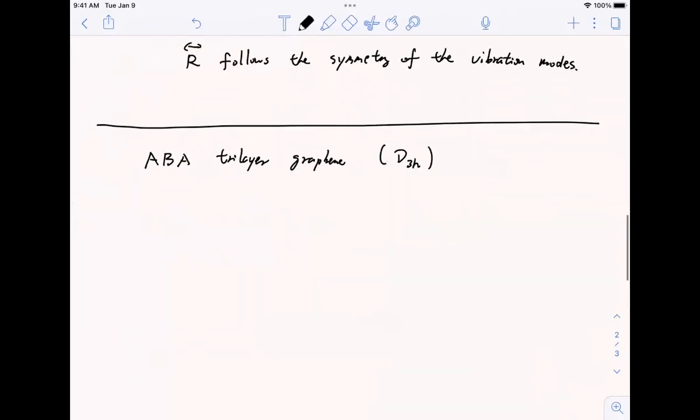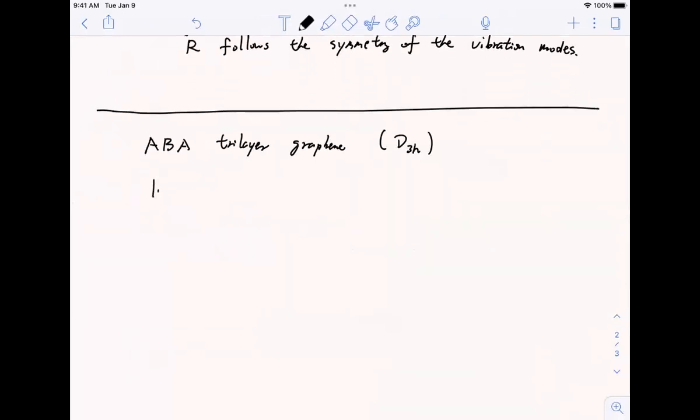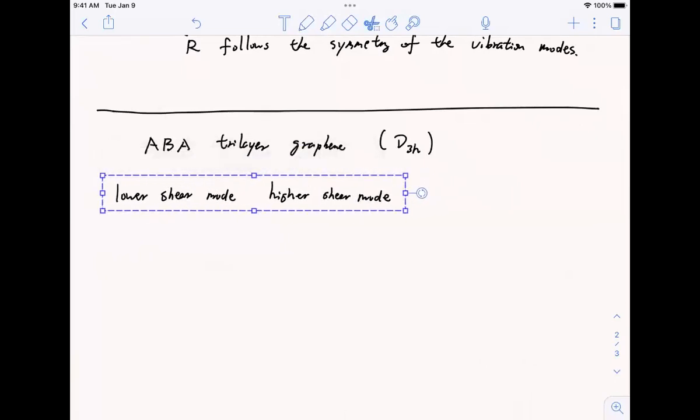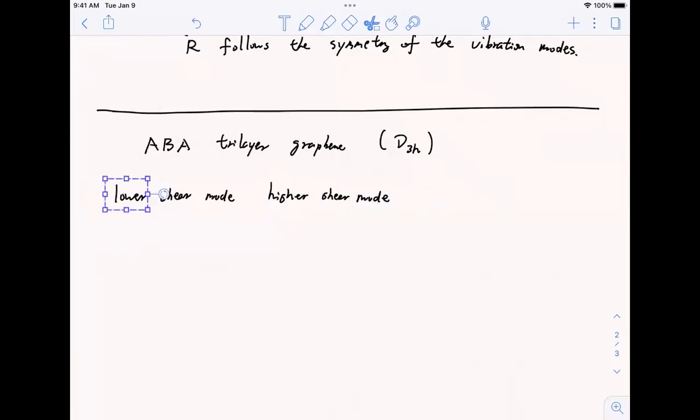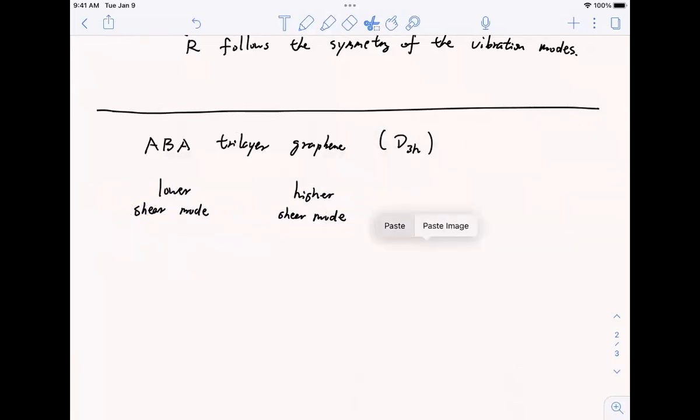For D3H, we will consider the lower shear mode and the higher shear mode, and you also have the breathing mode.